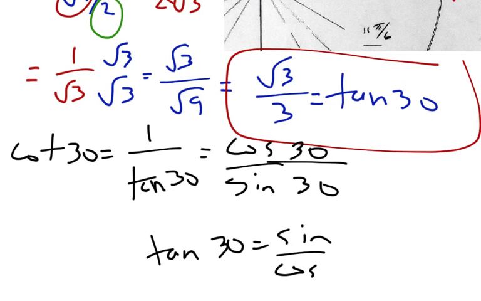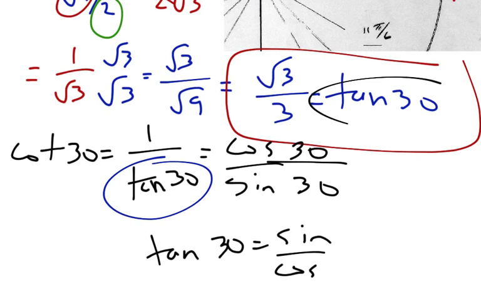Okay? So again, cotangent as an identity is 1 over tangent, or cosine of 30 over sine of 30. Okay, so whatever is easier for you. You have already this value. You have tangent of 30, which comes from over here. So you can replace that.